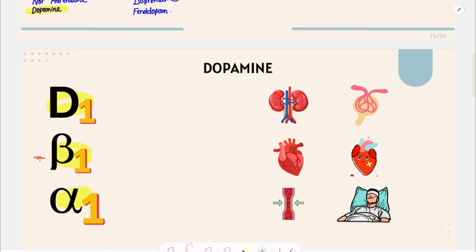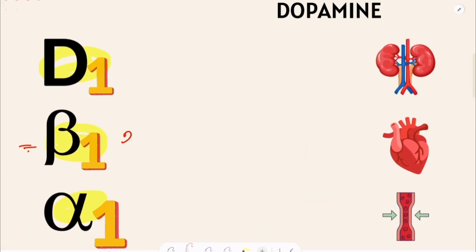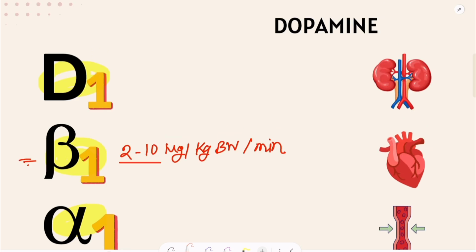So if you remember the dose of beta 1, you can automatically remember the other two. The dose of dopamine for stimulation of beta 1 receptor is 2 to 10 microgram per kg body weight per minute. That means if we give less than 2 microgram per kg body weight per minute, it will only stimulate D1 receptor.